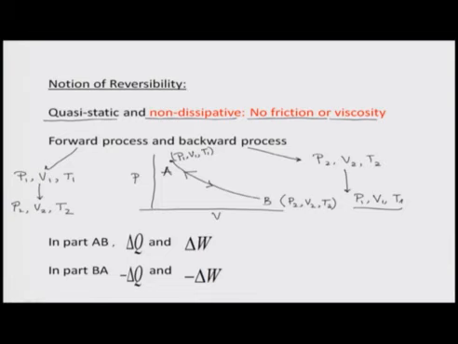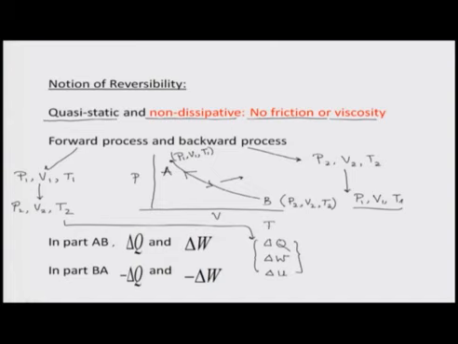What does it mean? Let us say in the forward process I have delta Q, heat supplied or heat released, delta W, the total work done on the system or by the system, and delta U, the change in internal energy.